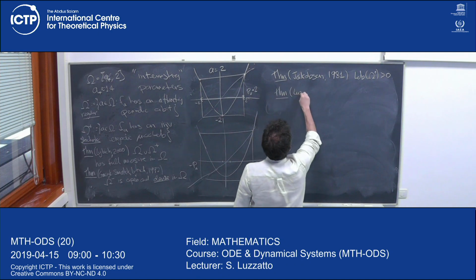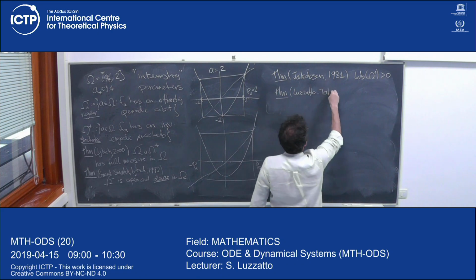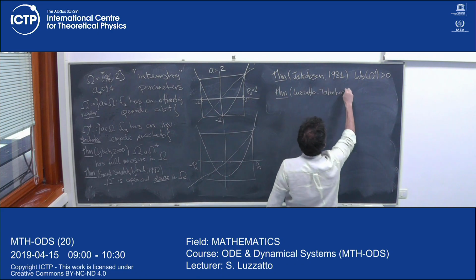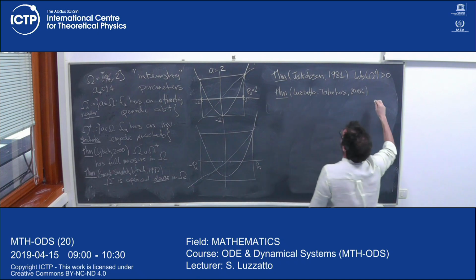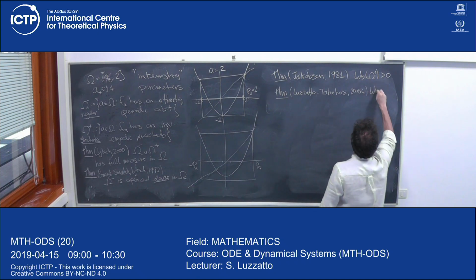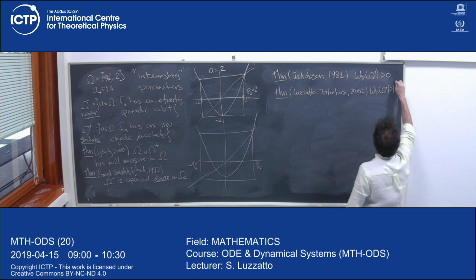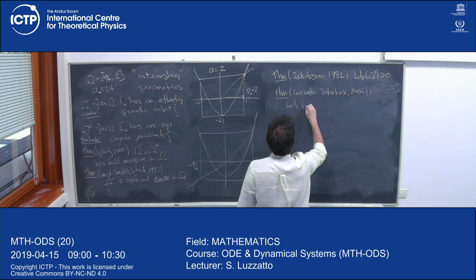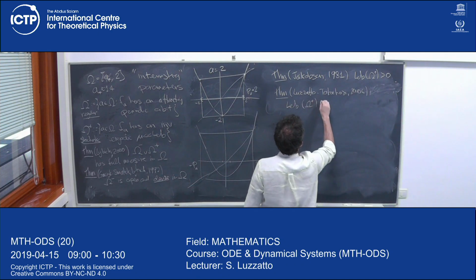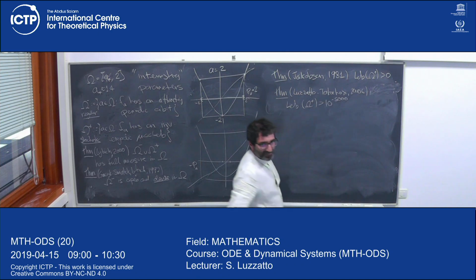I myself, with Takahashi, Japanese, in 2006, we showed that the Lebesgue measure of omega plus was greater than 10 to the minus 5,000.